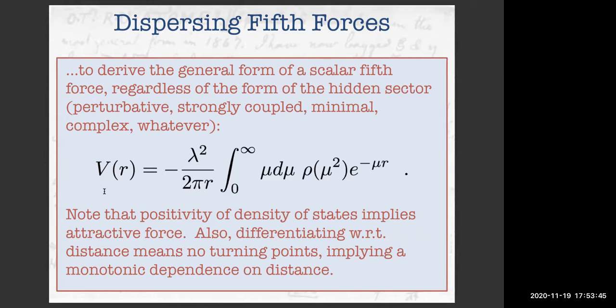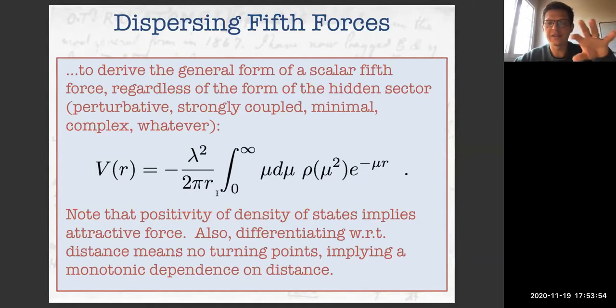Did you say that if you go beyond scalar, then something else happens? So these statements only apply if the operators are scalar. So if the hidden sector has operators that are vector operators, or fermionic operators, things like this.